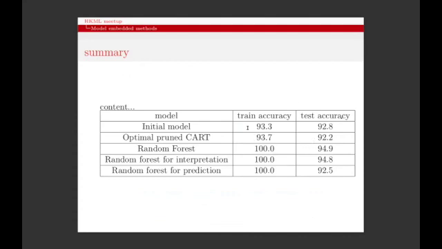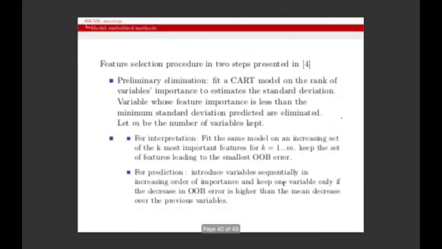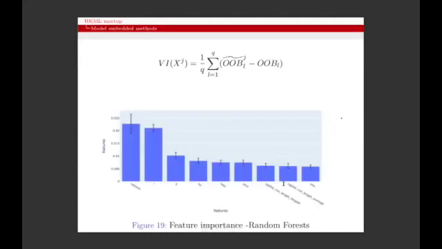To summarize, on this dataset we obtain a very good accuracy on the test set, whatever the model we are using. But we've seen that among the 57 features we had, only a few are useful, and it's interesting to see that the variable importance was very different from one estimate to another.